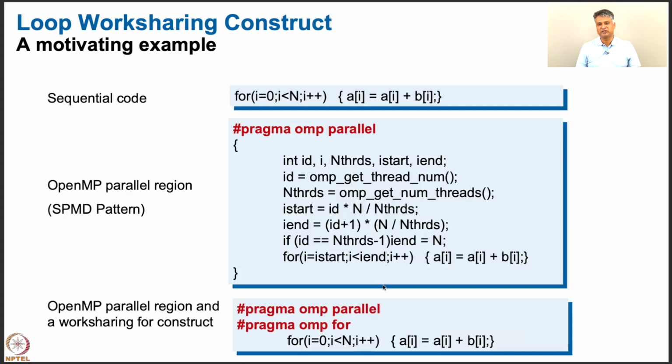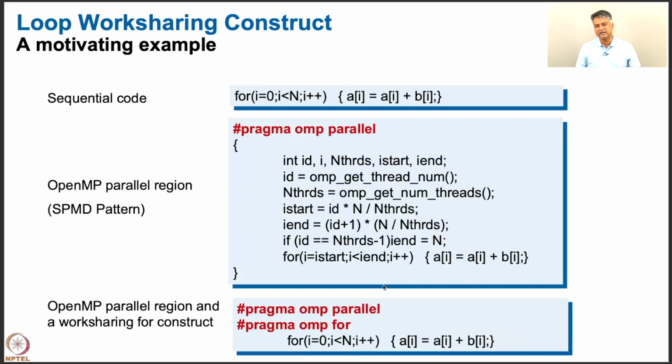If we use dynamic scheduling, the moment thread 1 finishes its work, it's going to go and pick up another chunk of work, irrespective of whether thread 0 has finished or not. So it is quite possible that at the end of the program, thread 1 has worked with maybe 50 chunks of data, thread 0 has worked only with 10 chunks of data, thread 2 and 3 have worked with 20 chunks of data each.